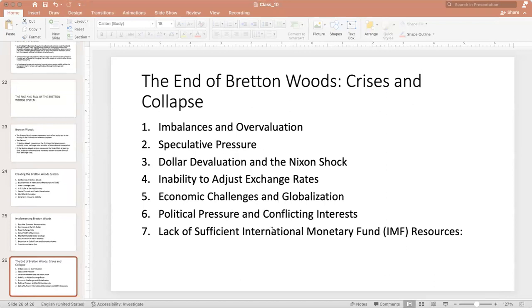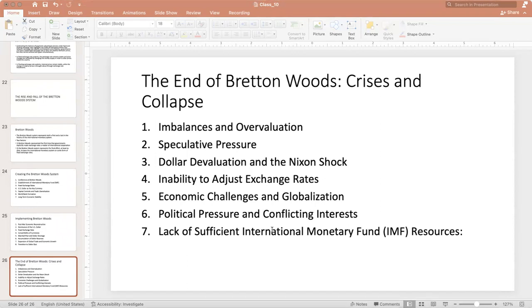The first one: there were imbalances and overvaluation. Under the Bretton Woods system, the US dollar was pegged to gold and other major currencies were pegged to the US dollar. However, over time, the US experienced persistent balance of payments deficits, resulting in an oversupply of dollars in global markets. This led to concerns about the overvaluation of the US dollar and the sustainability of the fixed exchange rate system.